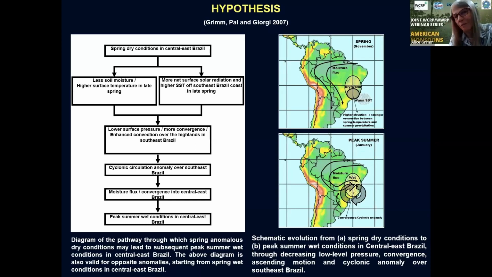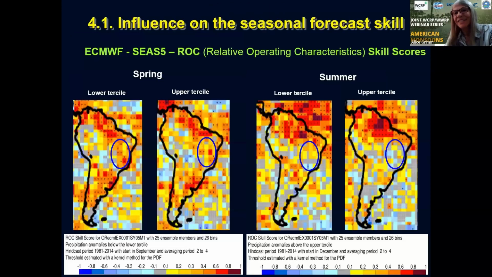Well, this means that when you have less than normal rainfall in spring in this region here in Central East Brazil, you tend to have above normal in peak summer. But most of the models do not reproduce this kind of behavior. And you can see it here, in an evaluation and assessment of skill from the site of ECMWF.